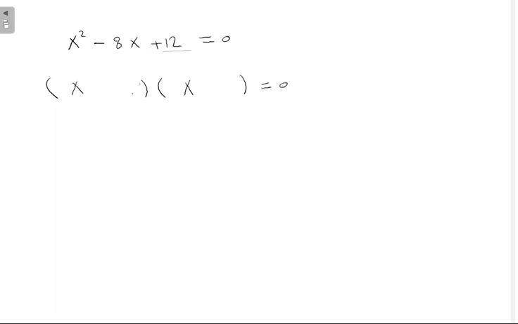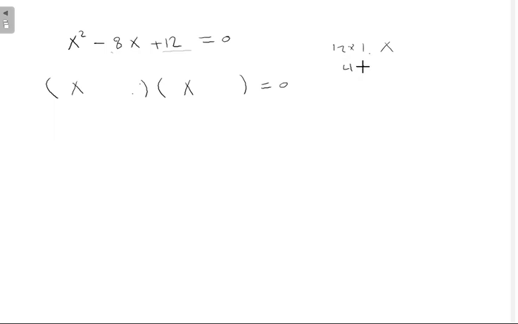Okay, we have 12 multiplied by 1, but if I add 12 to 1, it's going to give me 13, not minus 8. So no, this one is rejected. We have 6, 2, and 4, 3.